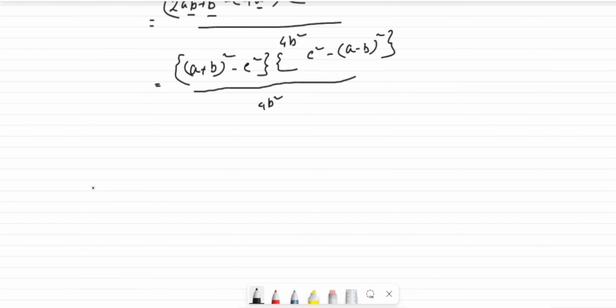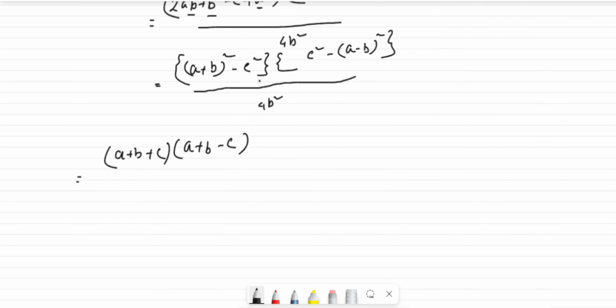So ultimately what we will be getting, a plus b plus c into a plus b minus c.